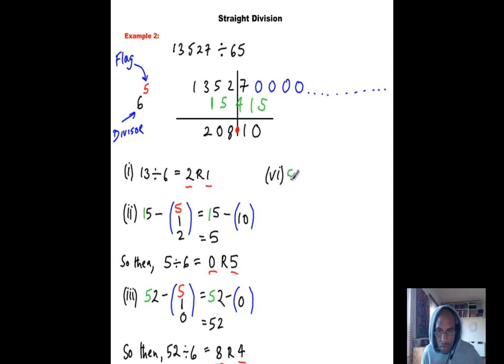Green 5. Blue 0. Take away. And in parentheses, we've got red 5 on the flag. And underneath, we've got a 0. Okay, so that's 50 take away 0.